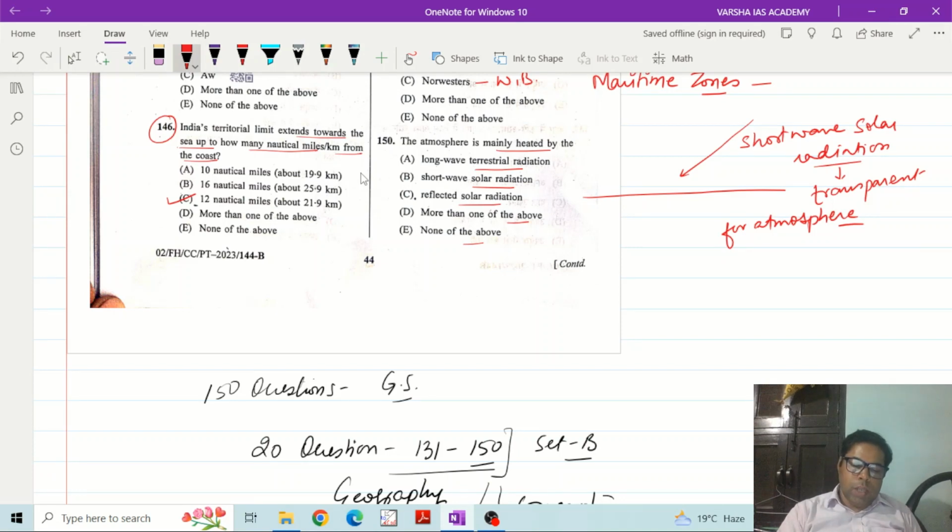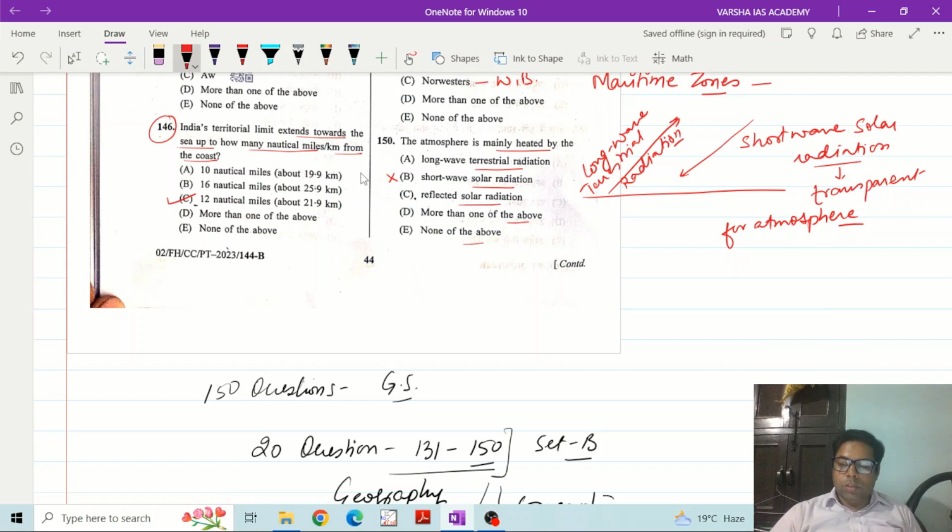So this option is absolutely wrong. Reflected solar radiation, no. When heat is absorbed on the surface and radiated back into the atmosphere, with the different factors, the gases and the cloud cover, this is responsible for heating the atmosphere. So this is long wave terrestrial radiation, which is the reason for heating the atmosphere.